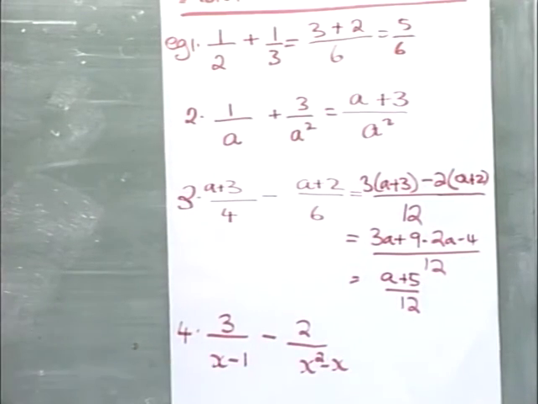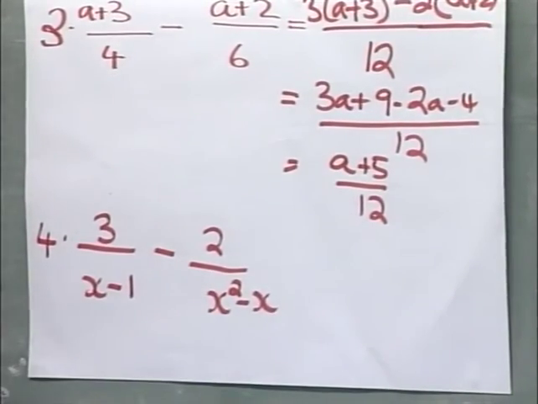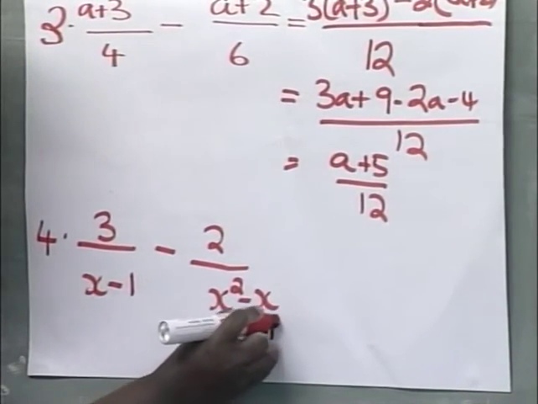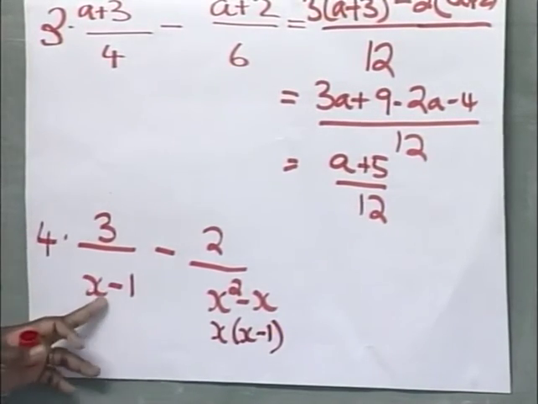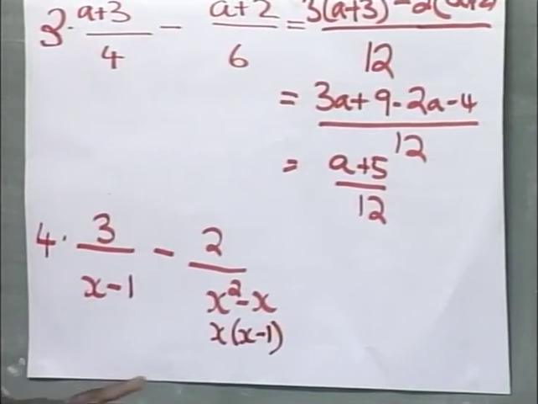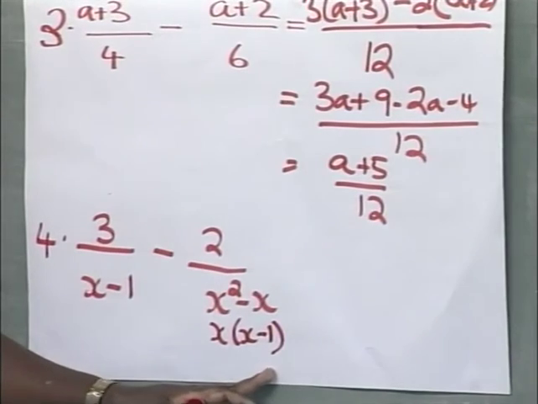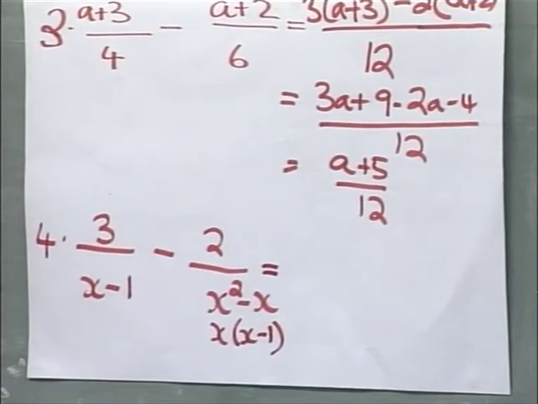For this one, what we need to do is to factorize. When we do that, we have x times x minus 1. So I have a denominator of x minus 1 and a denominator of x times x minus 1. What is the lowest common multiple? What you can do is look at these denominators and see what is common to both of them.